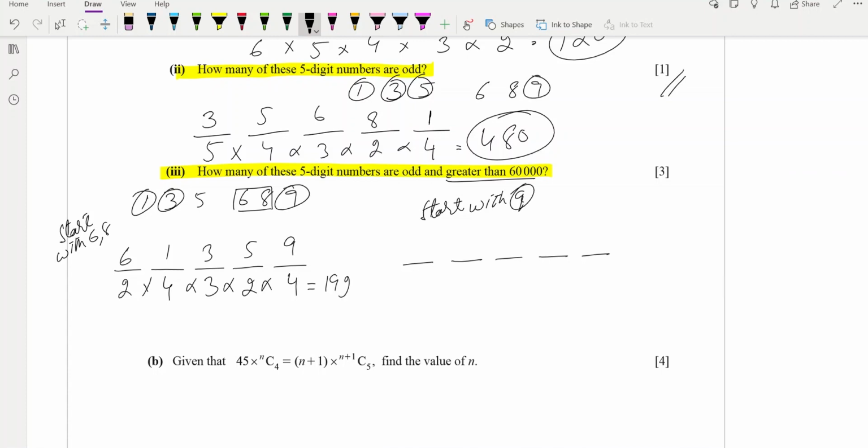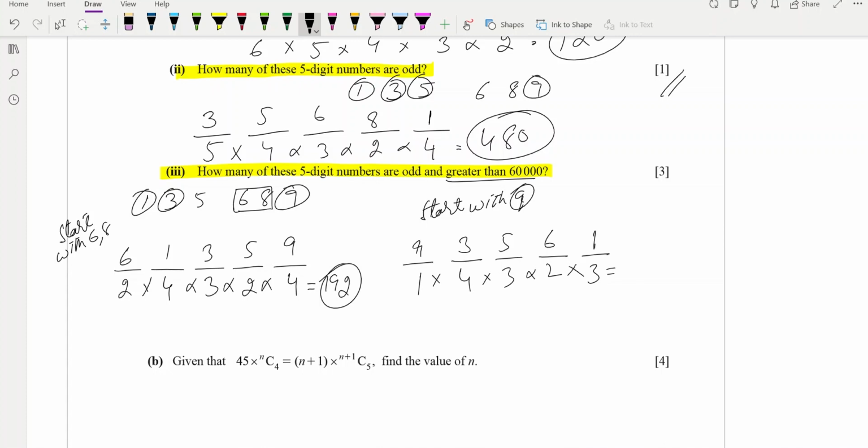This will be 192. And now in this case, start with 9, so 9 will be 1, because this is not a set of numbers, it's only 9. Then ending with odd, so remaining odd are 3, so we can write here 3, and then for the rest it will be 4 numbers, so 4, and 3, and 2, and we can multiply these numbers.